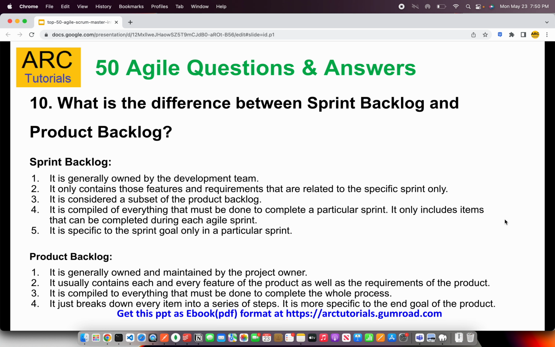What are the tickets which can be considered in a particular sprint is called sprint backlog. The entire set of all the user stories that are maintained by your project owner or product owner, which are to be completed as part of the entire product, is called your product backlog. All right, hope that answers the difference between sprint backlog and product backlog.